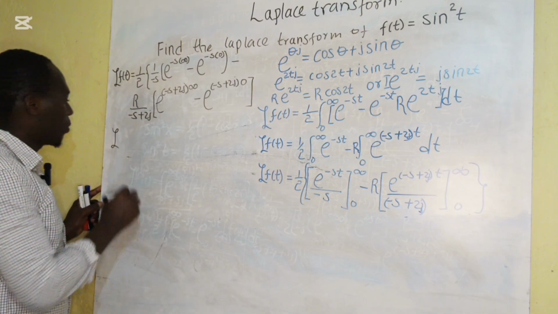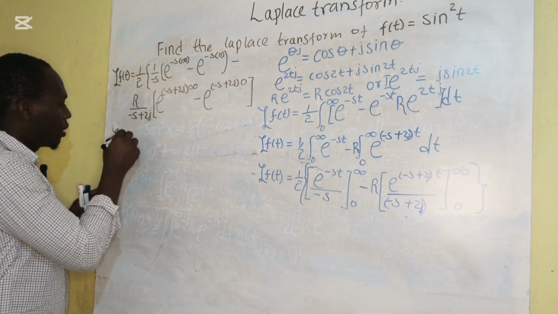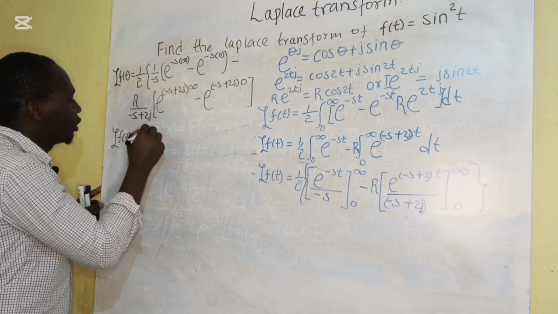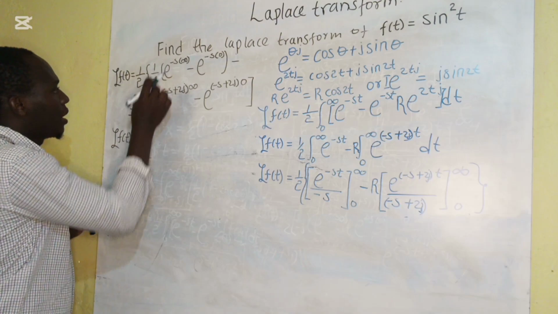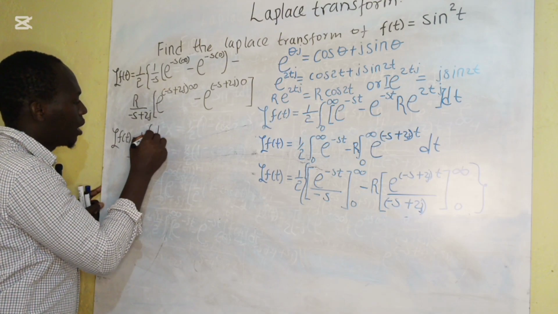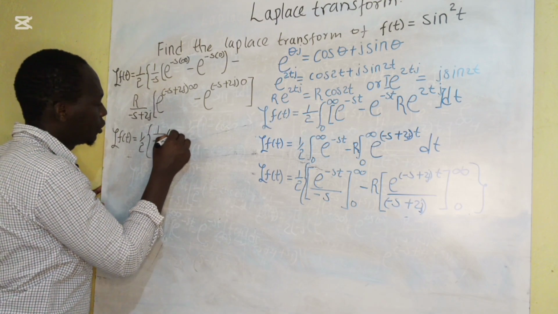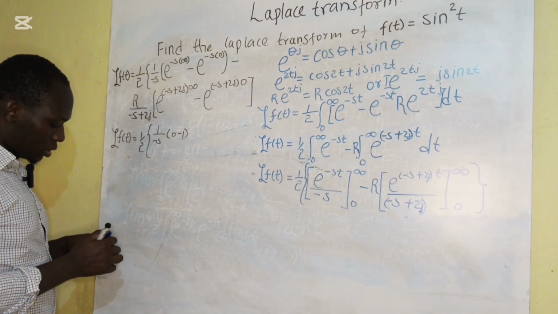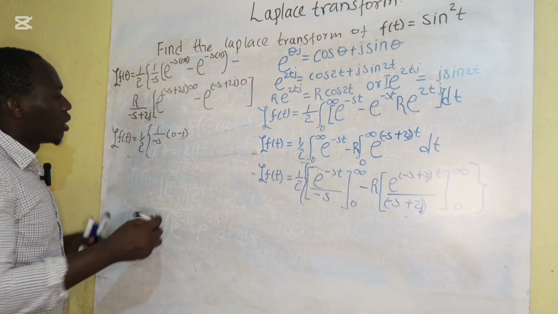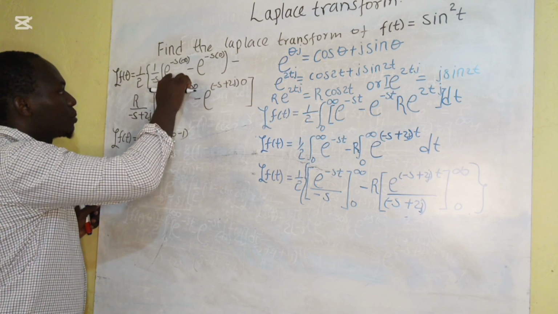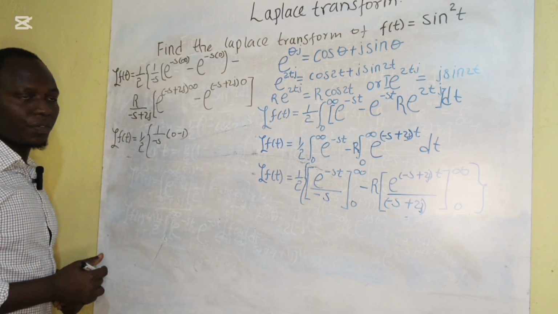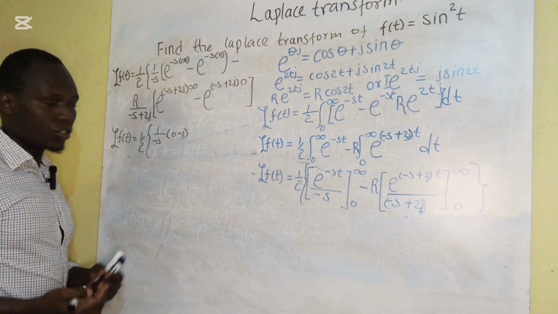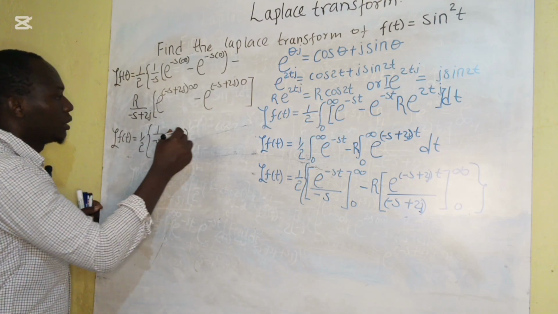In our next step, we are going to have the Laplace transform of our function f of t equal to 1/2 into, here we are going to have 1 all over a negative s into 0, we subtract from 1 because we understand when an exponential is raised to a power of infinity, it is equal to 0, and an exponential raised to a power of 0 is equal to 1.